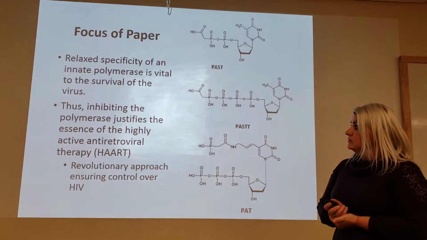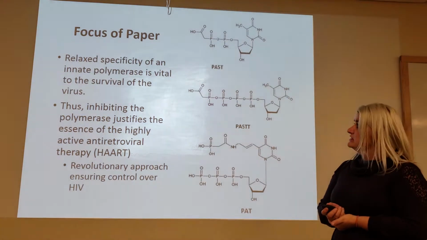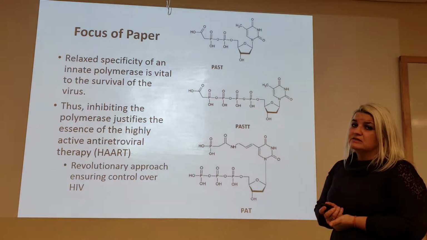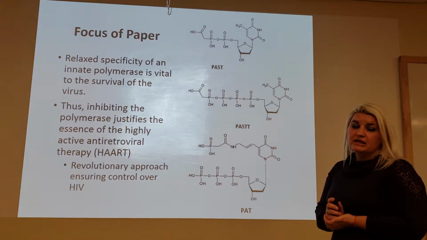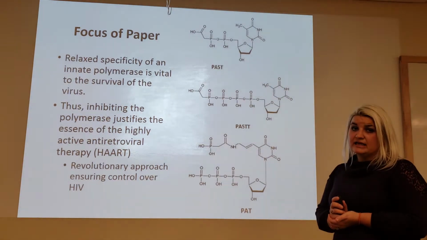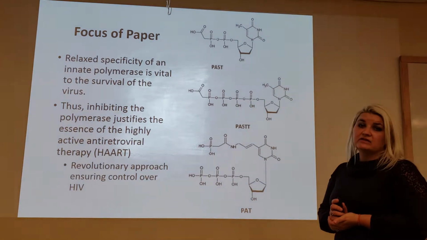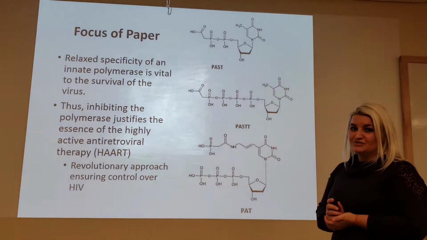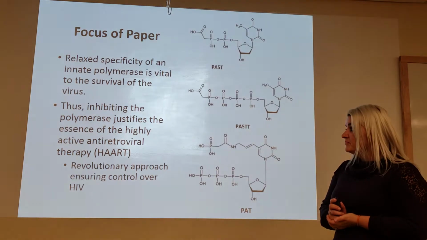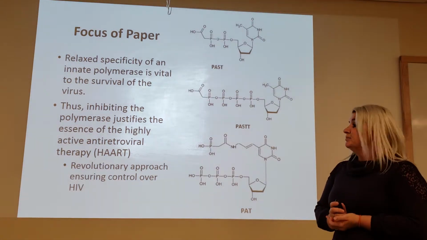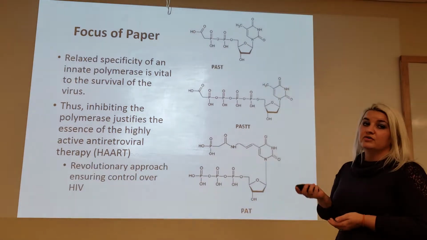It is vital to the survival of the virus. And then thus, because of the specificity, inhibiting the polymerase justifies the essence of the highly active antiretroviral therapy, HAART. This is a revolutionary approach ensuring control over HIV.